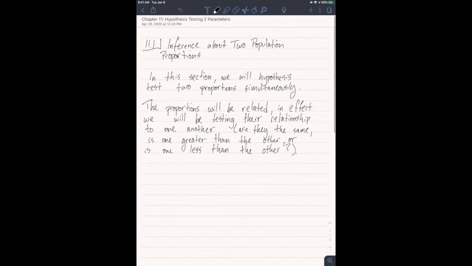So for instance, are men more likely to smoke cigarettes than women? That would be an example where we would have to basically hypothesis test two proportions at the same time, right?